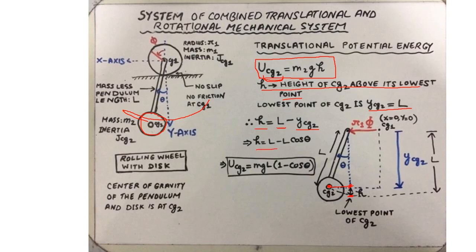That is the same as L minus L cosine theta when we take the value of yCG2. And this is going to give us potential energy as m g l, where g is the acceleration due to gravity, times the length of the pendulum, times 1 minus cosine theta.